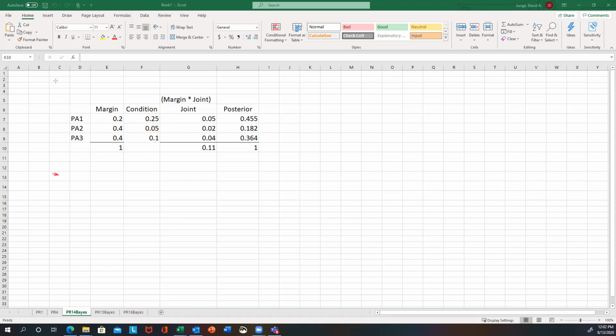And then again, if you're wondering how they derive that, let me write this out. Your original formula is the probability of A given B, which is defined as your intersection divided by your margin.